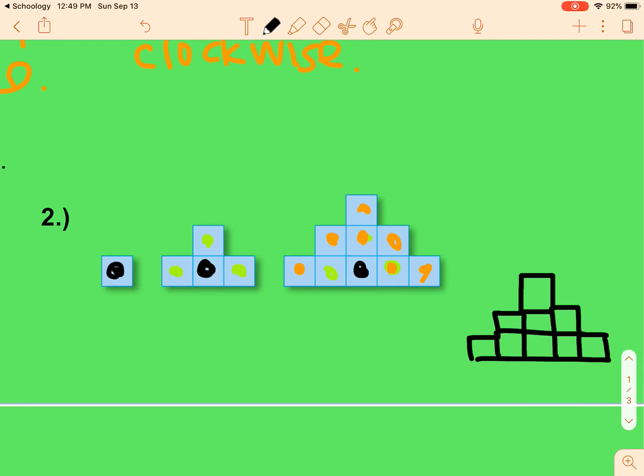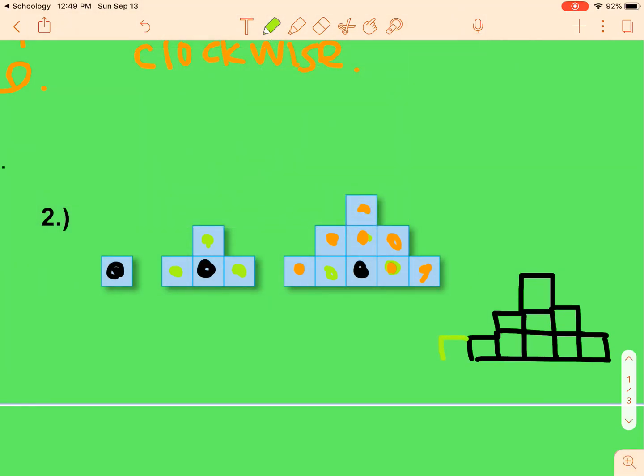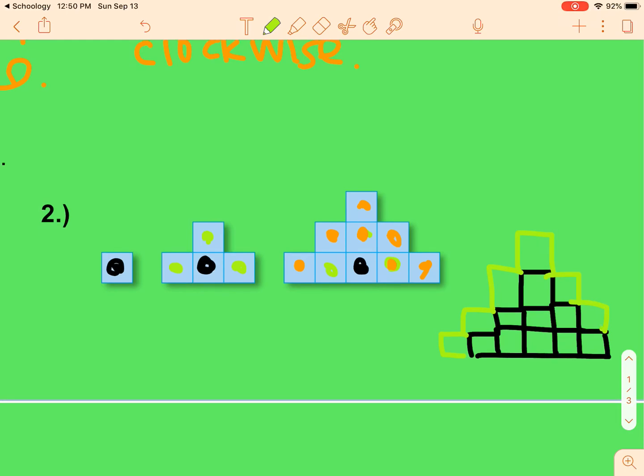What did we notice about the last picture? Right, it added one on the outside and up. And then another one going up, and then to the right, to the right, to the right. So that is my prediction on what will happen to the next pattern.